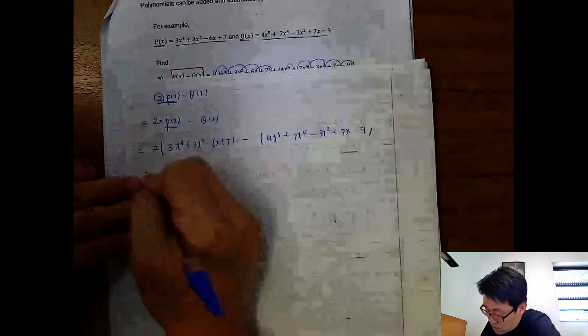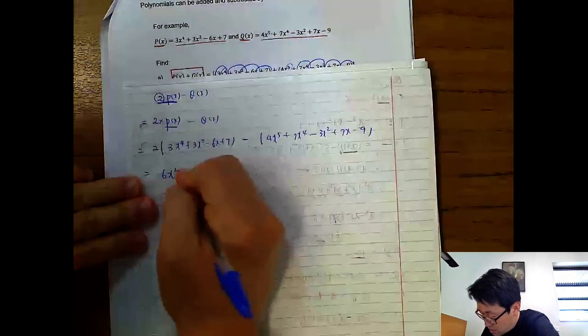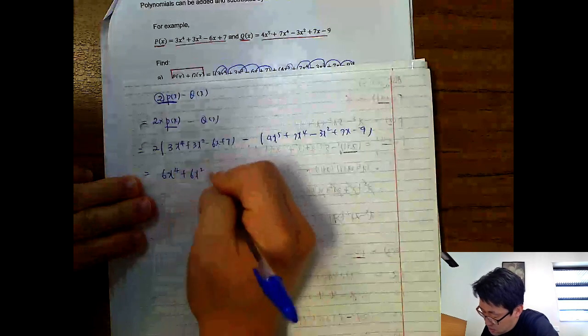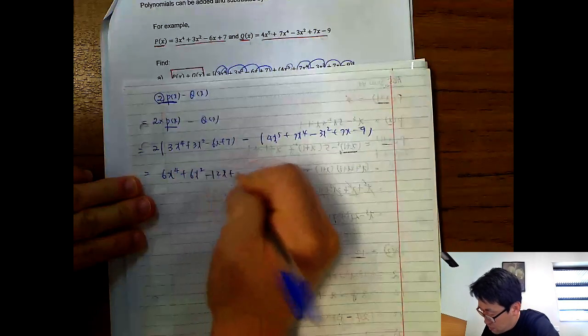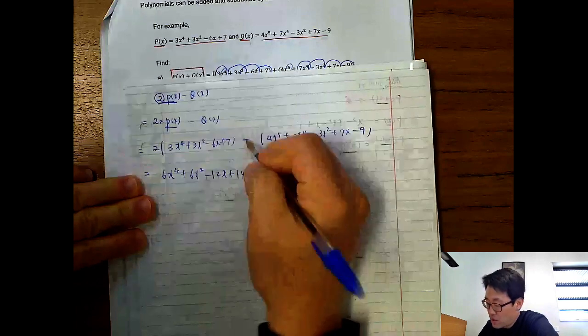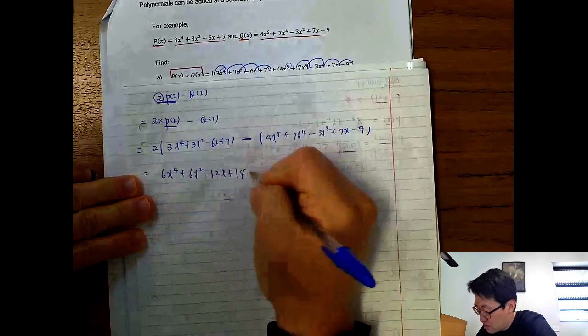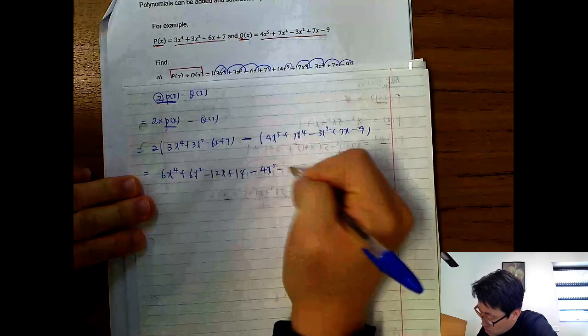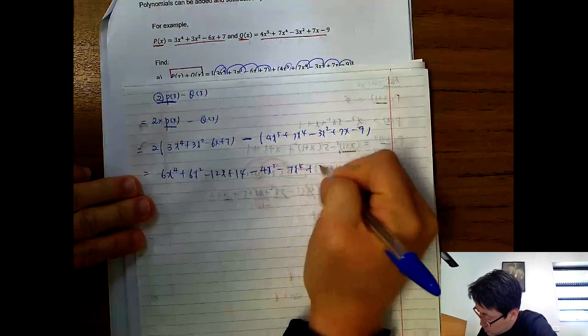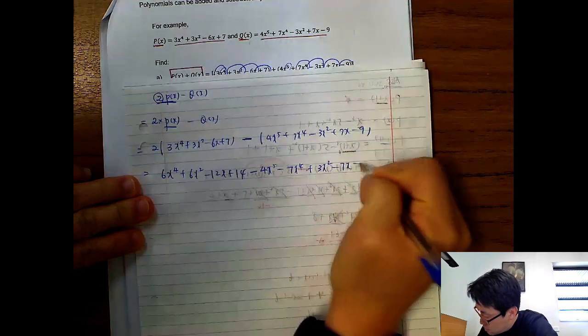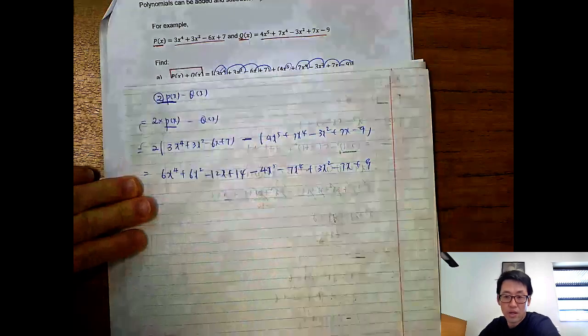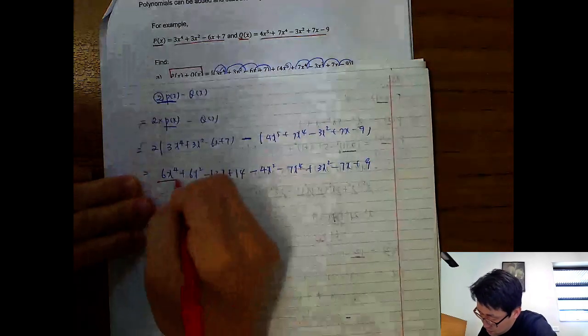So expand it, 6, 12, 14. And make sure it is negative, expand it, so change all signs. And then you go and take the like terms.